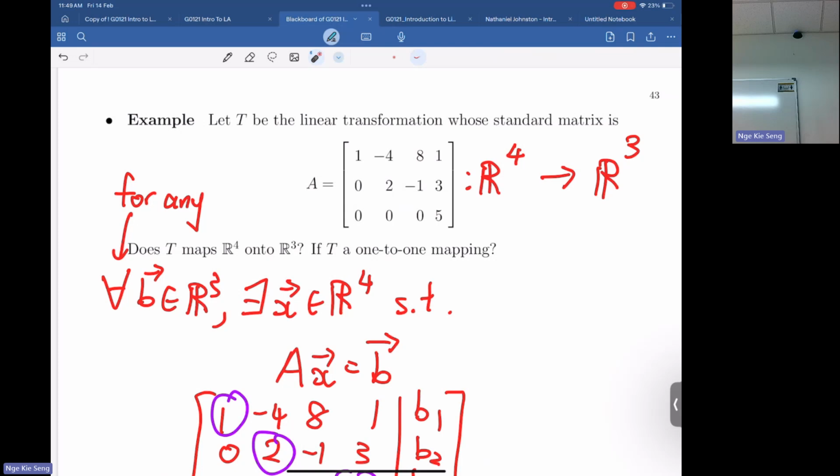So the 0 vector must be one of the pre-images of 0. So can you see another non-zero vector that gets sent to the 0 vector? Is it easy to see or not?